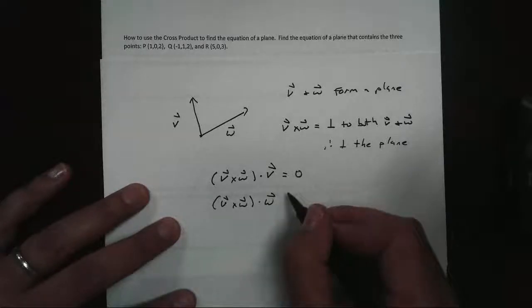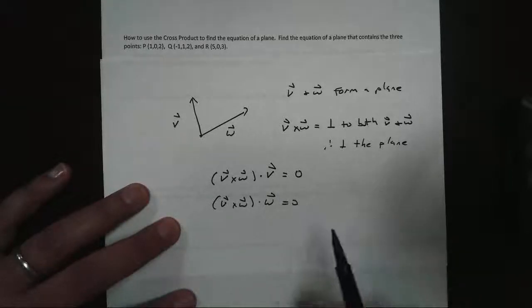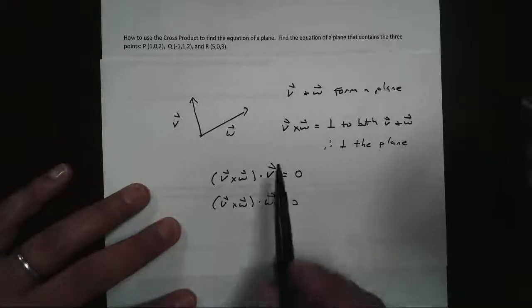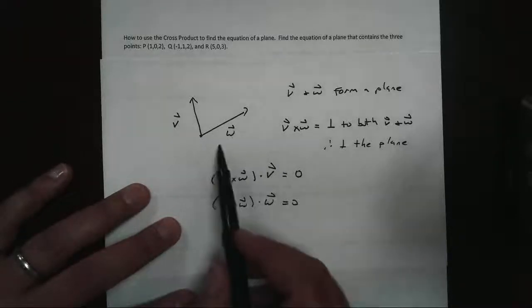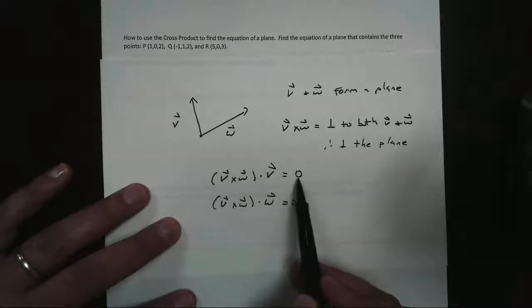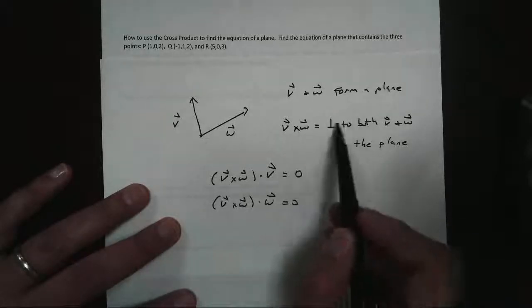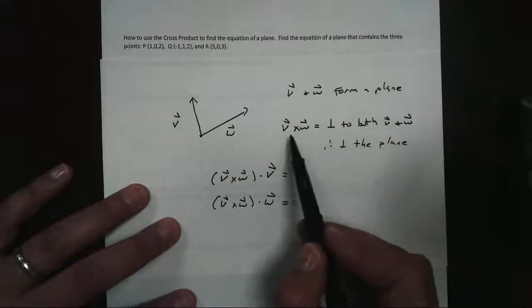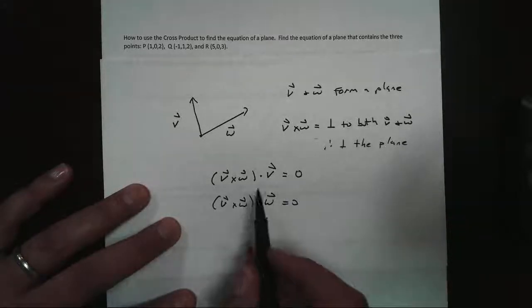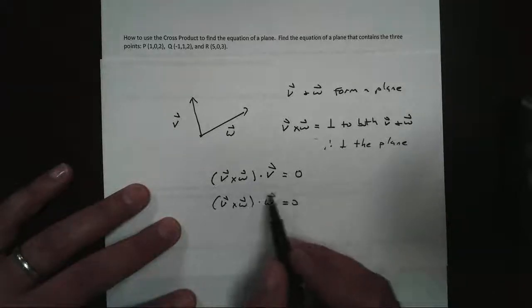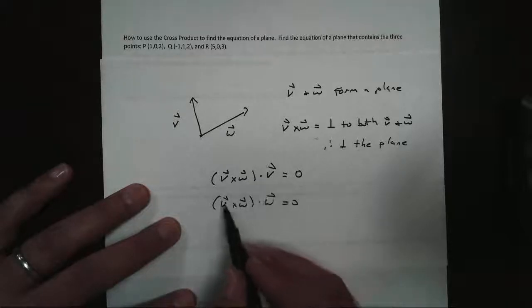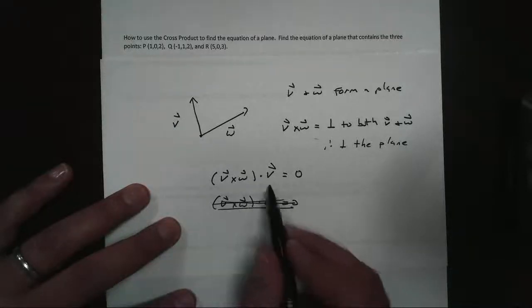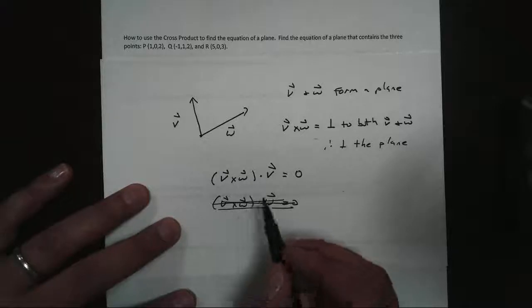Both of them would be 0, because we know that if two vectors are perpendicular, their dot product has to be 0, and that's what we have here, because our cross product is perpendicular. For simplicity, because it's the same answer, we're not going to worry about W. We're just going to solve it using V. You can use either of the vectors.